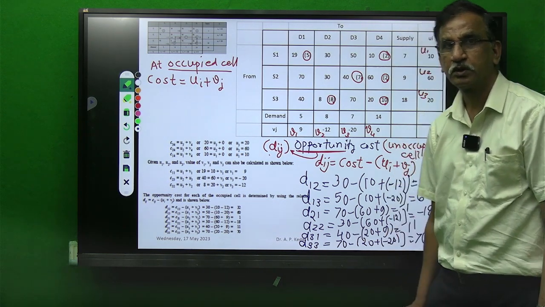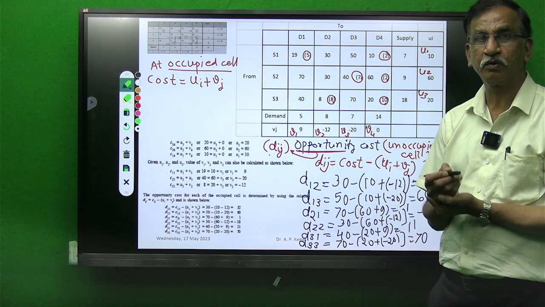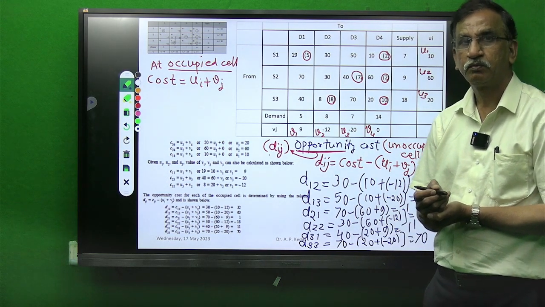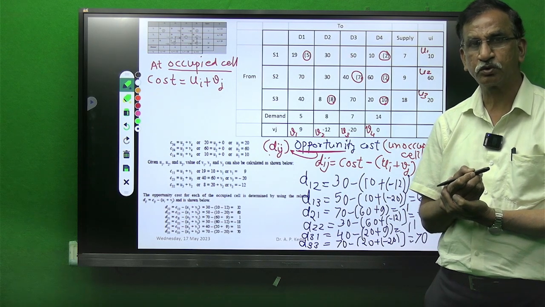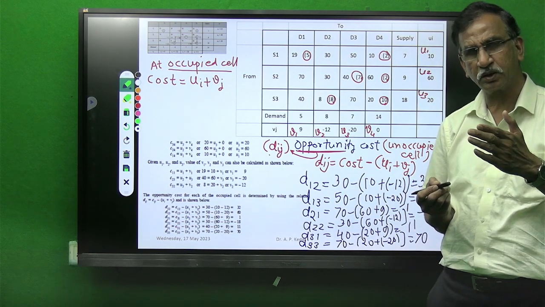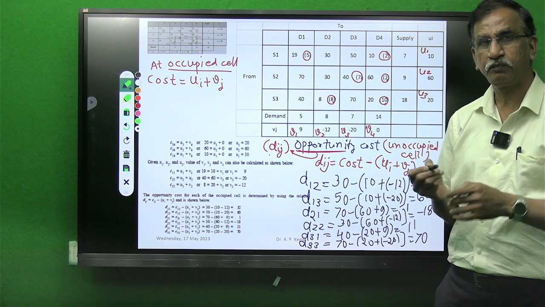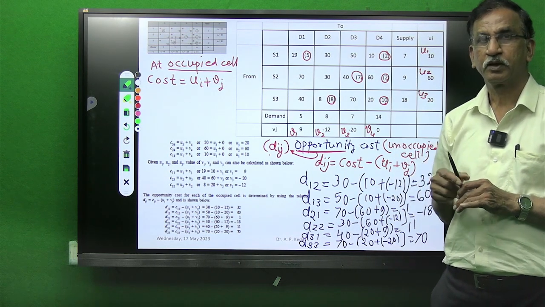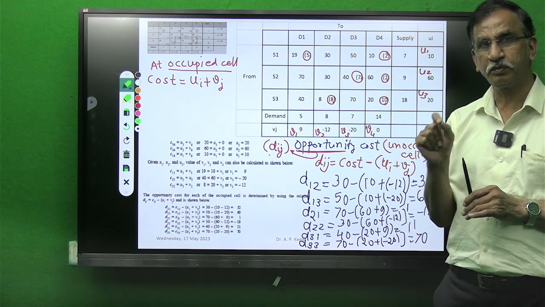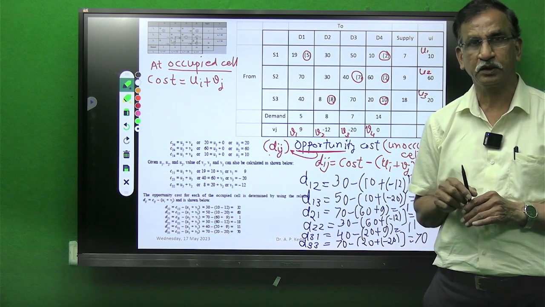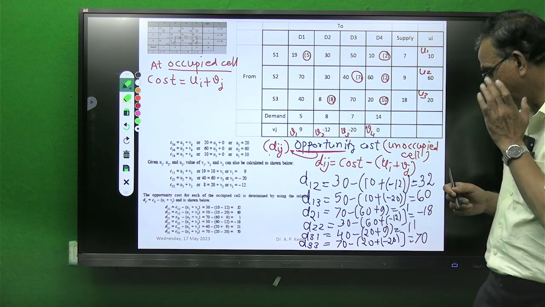So students, this is a complete lengthy step in the modified distribution method for deciding whether your initial solution or solution in between is optimal or not. If you recall the steps, we have written that for a minimization type of objective function, if any single value is negative, the solution is not optimal.